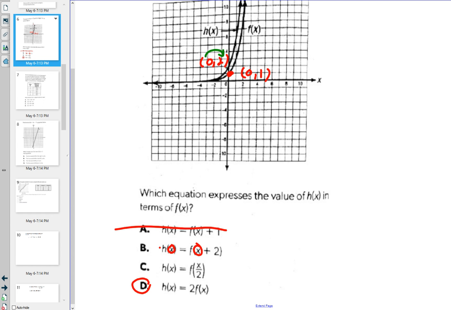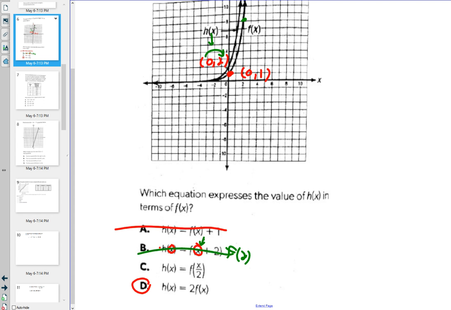Yeah. On function h, when x is 0, y is 2. But on function f, if it were to be 0 plus 2, 0 plus 2 is 2. So what is function f at 2? Well, we saw it's up here somewhere around 8. Are those two the same? Is 2 the same as 8? No. So it can't be b.